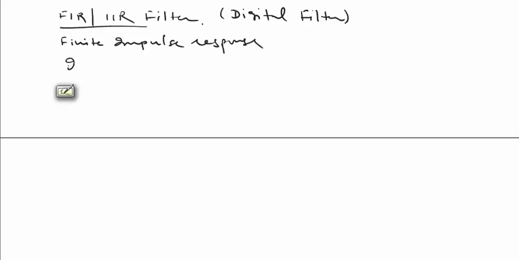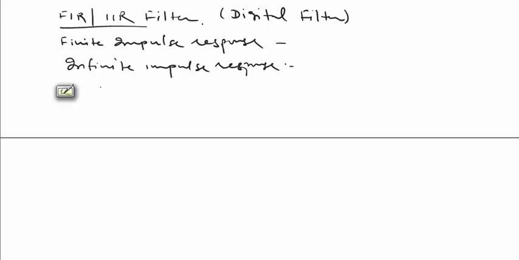FIR means finite impulse response, and IIR means infinite impulse response. If the impulse response is finite, it is FIR; if infinite, it is IIR.